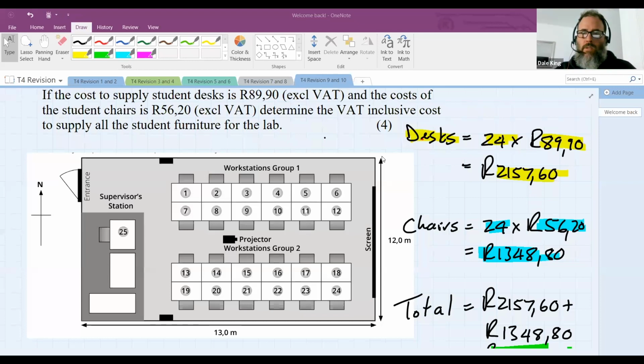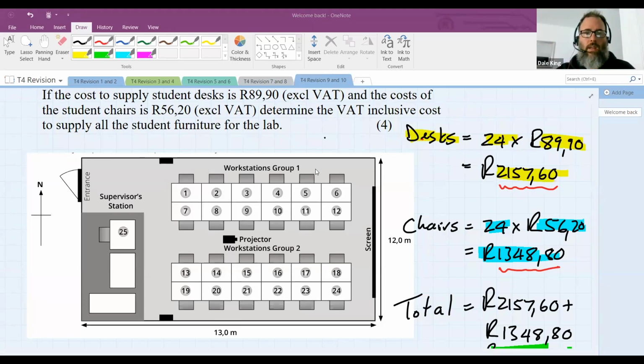So 24 times 89 Rand 90. All right, you obviously did that. Okay, let's just get the total for that. In fact, we can even look at the numbers on the screen. All right, so 2157, we're going to do this total here and this total here. All right, I'm going to use those totals there.